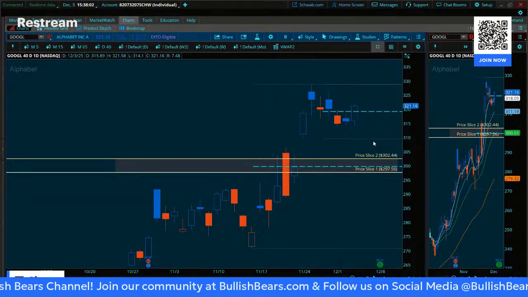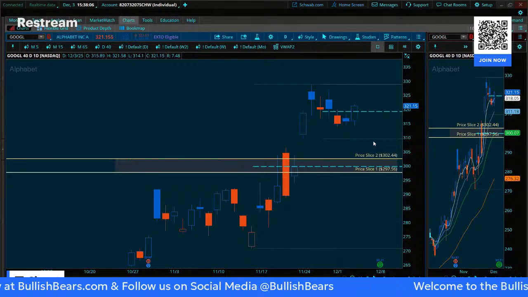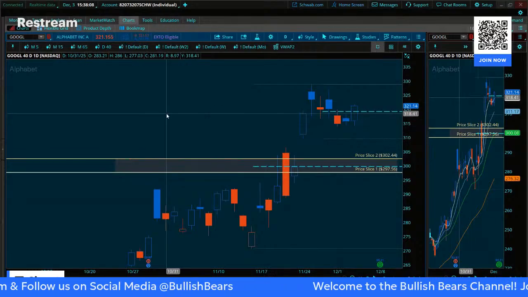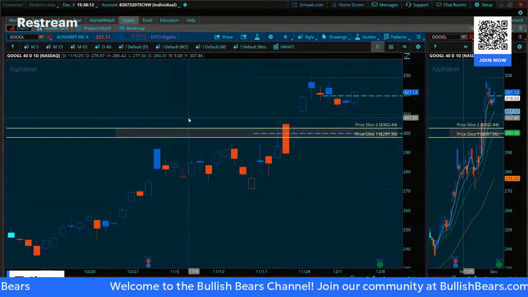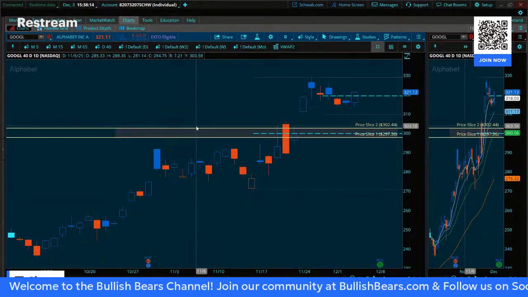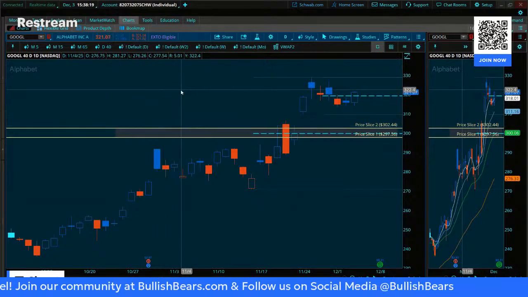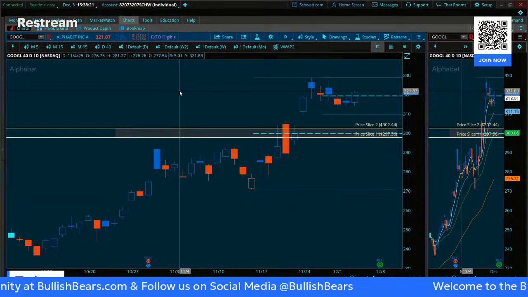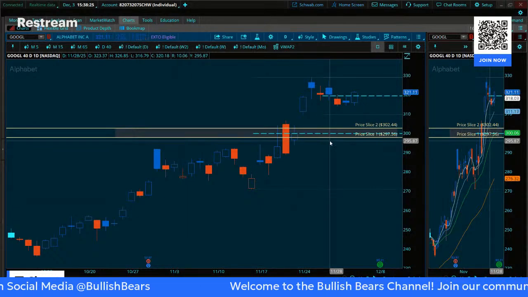I do see the potential for Google to break down. Yes. But we don't have a short signal. So the idea of buying a call or buying a put for me is that's a directional trade with action behind it. See, a butterfly needs time to go by.